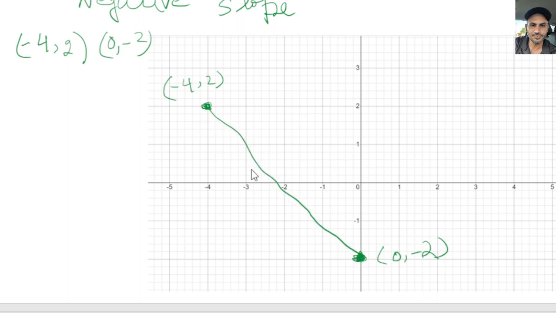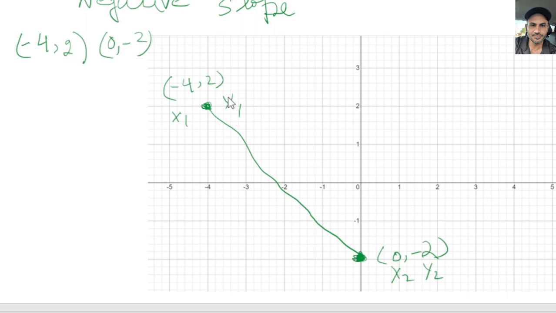Now we're going to connect these points, and we have a segment. If we look at this, we have a segment that's going down in direction. It's not rising. Here, our first x value is right here. So this is x1, y1, and this is x2, y2.